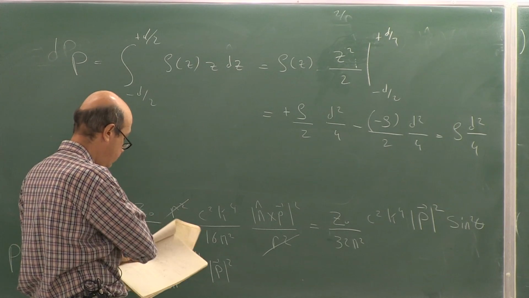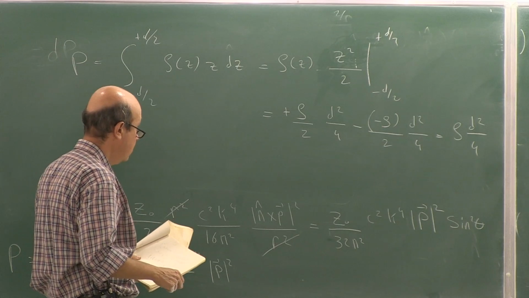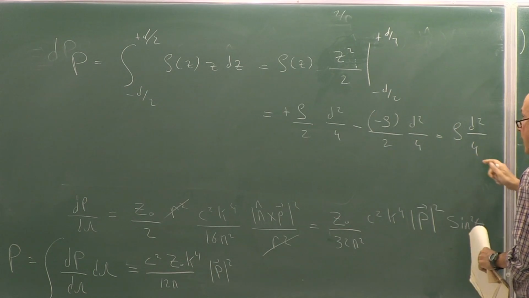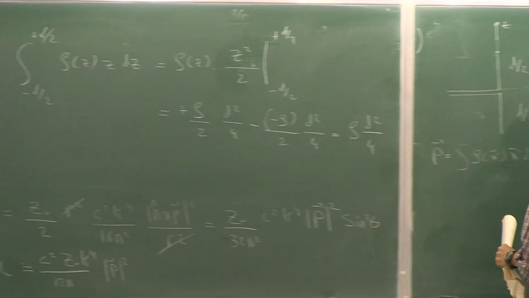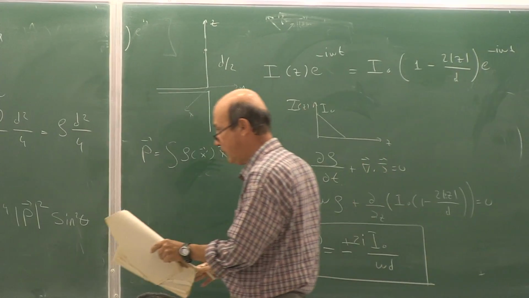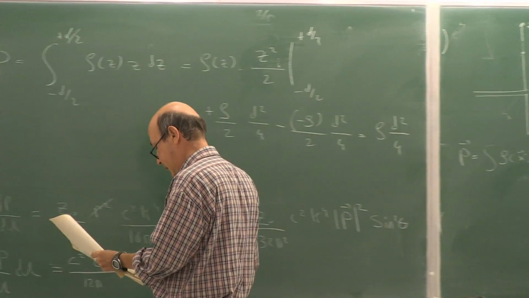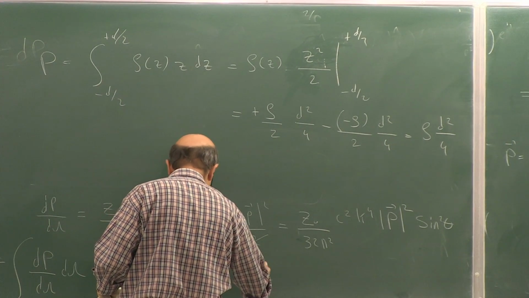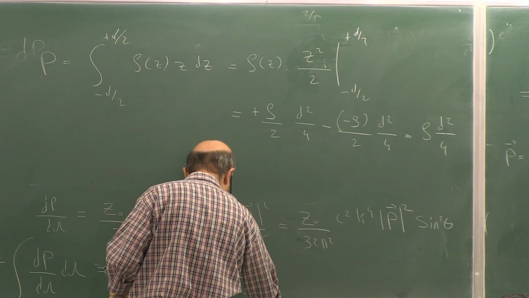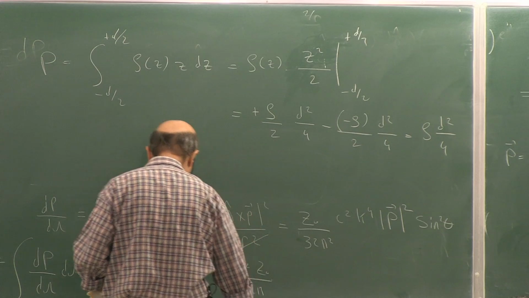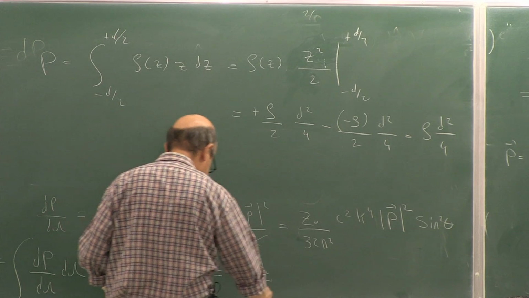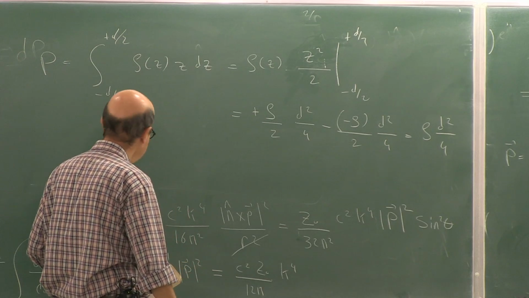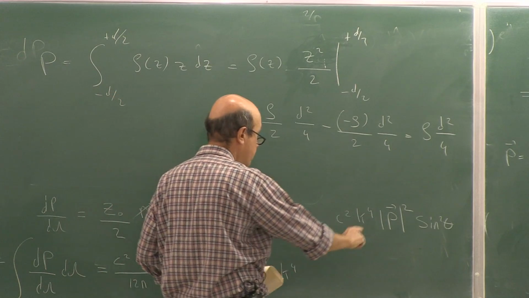If you plug it in here you will get the following result. This is the electric dipole moment; you take the absolute square of it and plot it here. You will get c square z0 over 12 pi, times k to the 4. And what do you have?